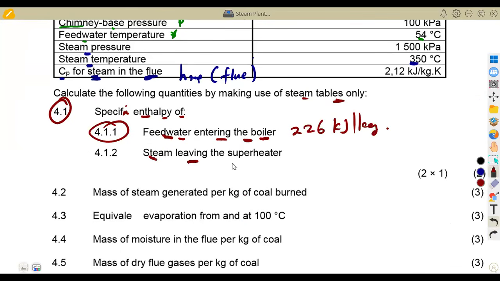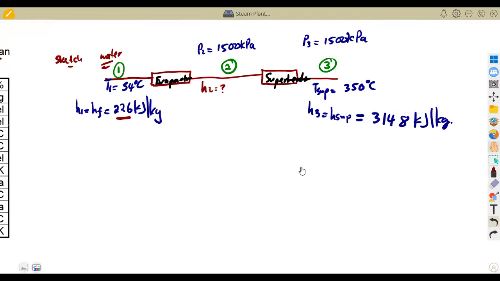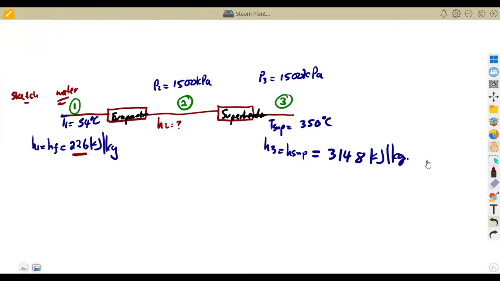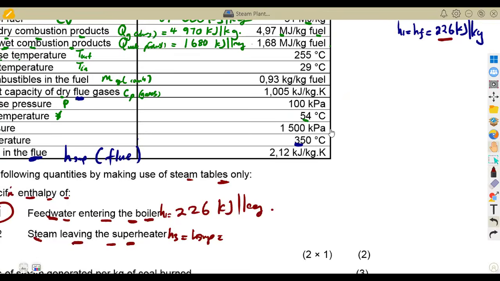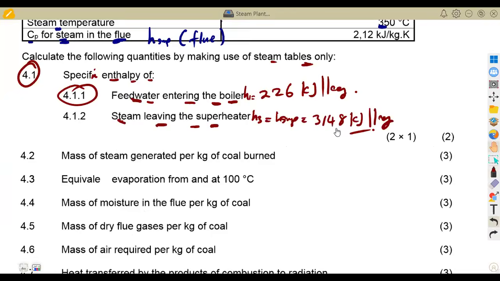Then the steam leaving the superheater, which is our h_sup, this is our h3. Remember, we took this value from our superheated steam table. So this was 3,148 kilojoules per kilogram. We are just using our tables there.